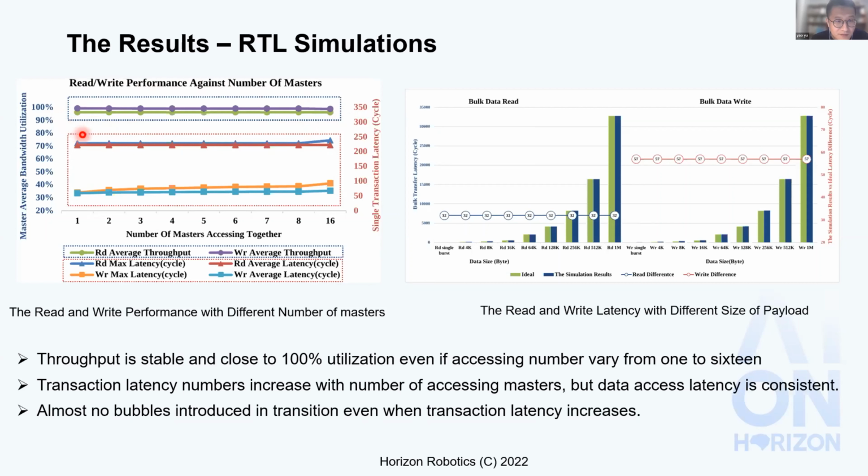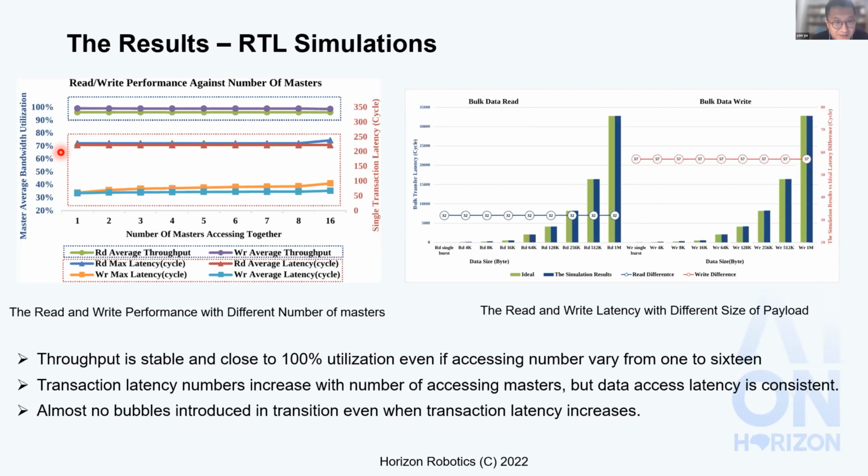And for latency, we do see the transaction latency. The latency here is measured for each transaction, starting from when a transaction leaves a master to the time when the last response comes back.